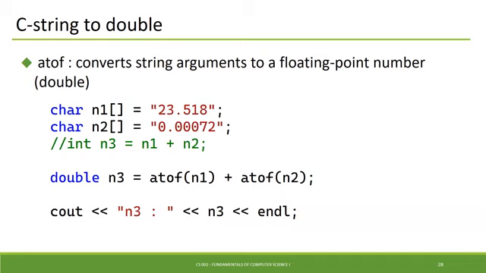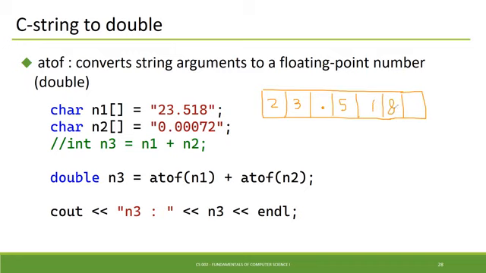And sometimes we need to convert string double data into numbers. So look at this one. I create N1, then the computer will create 7 spaces like this: 1, 2, 3, 4, 5, 6, 7. And for 3.518, the point is also one letter, right?